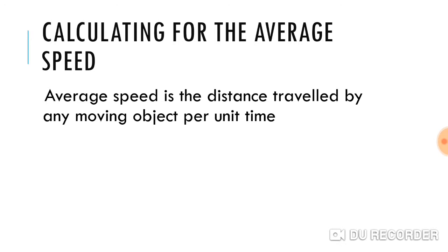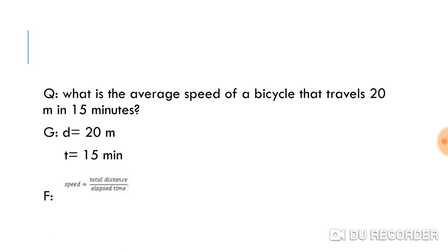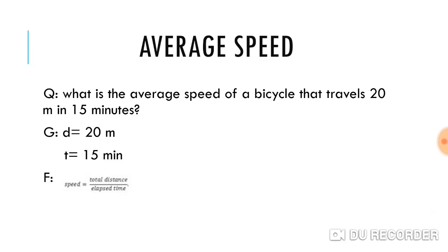So, calculating for the average speed. Average speed is the distance traveled by any moving object per unit time. Now let us try to answer a question in solving average speed. What is the average speed of a bicycle that travels 20 meters in 15 minutes?